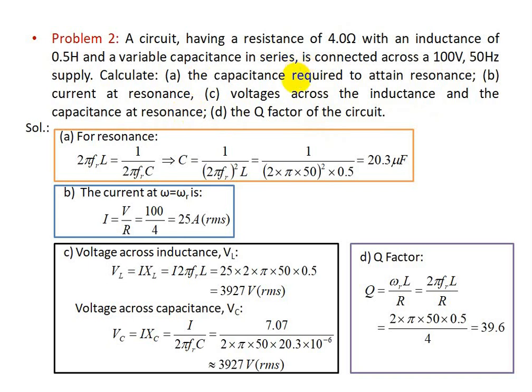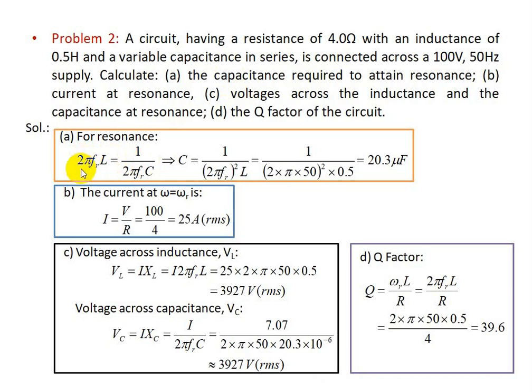To calculate the capacitance at resonance, here we have to assume the resonant frequency as 50 Hz. So for resonance to occur at 50 Hz, we have to find out the capacitance. We know that at resonance omega r L will be equal to 1 by omega r C. Omega r is 2 pi fr.